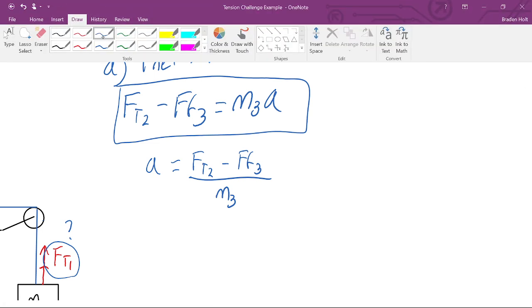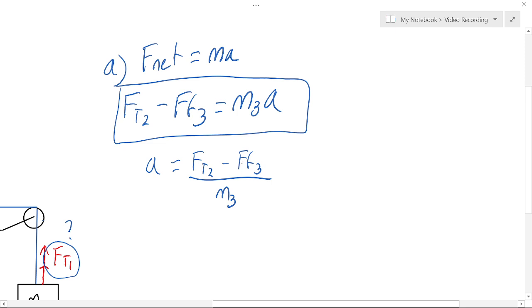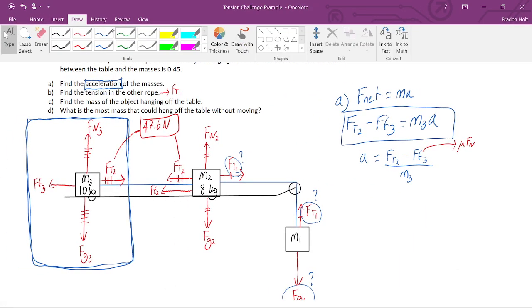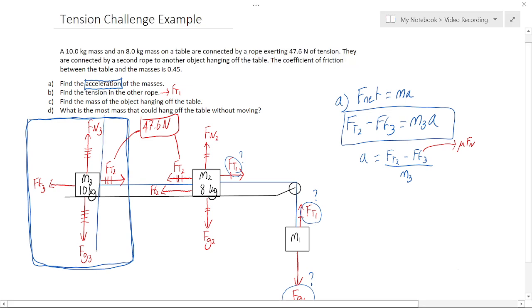And before I continue, I need to find what is the force of friction. So let's do a little aside here and find FF3. So FF3, well, any force of friction is equal to mu Fn. Right? That's the definition of friction. Now coming back over here, you should notice that Fn and Fg are balanced with each other.